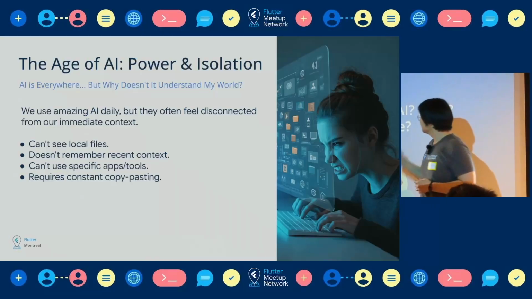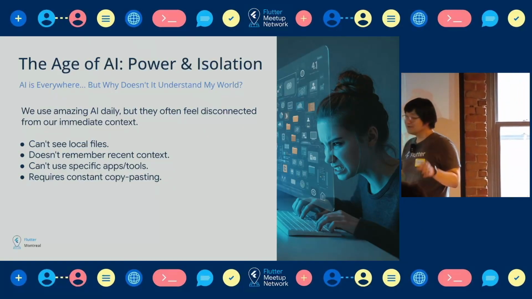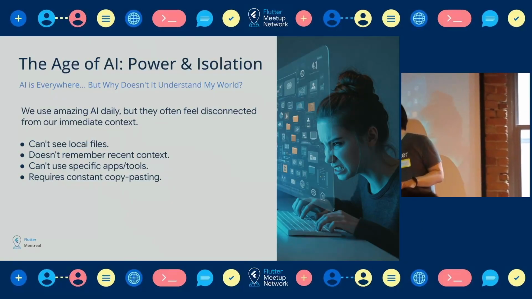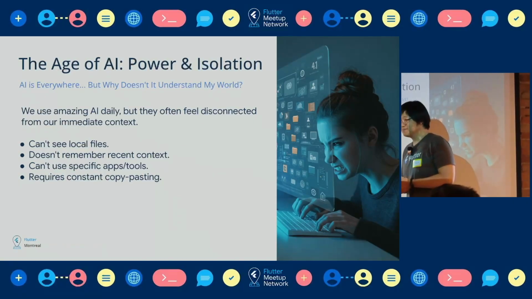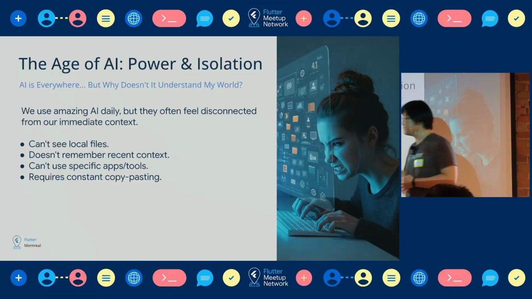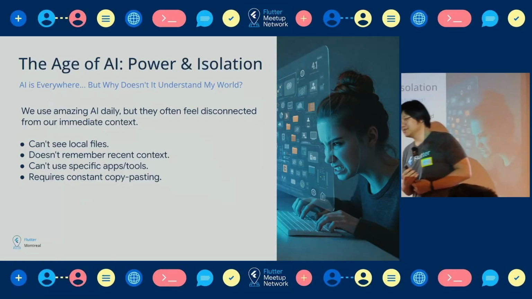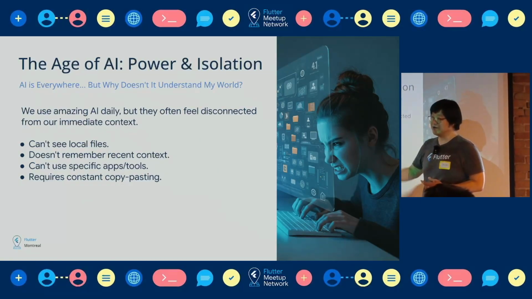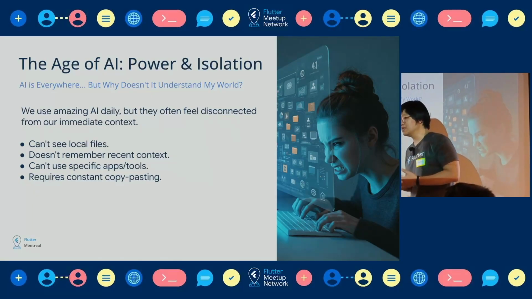So AI, most of us, except two, we all use AI nowadays. So AI does a great job. But the problem with AI, in my opinion, since it's my problem, is that AI doesn't know the real world problem. Let's say you have a file in your local file system. AI doesn't know if it even exists.